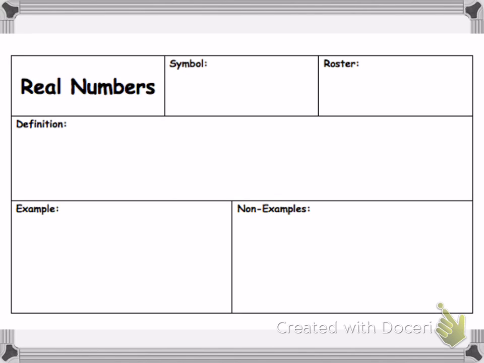And then all the numbers that we've talked about so far are members of the real number system. So that's really just any value that represents a quantity along a continuous line.